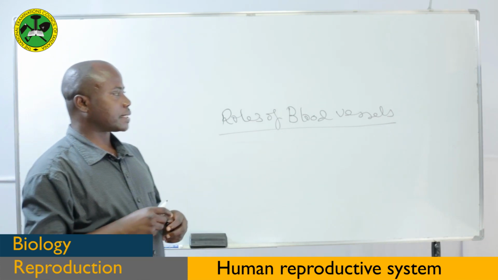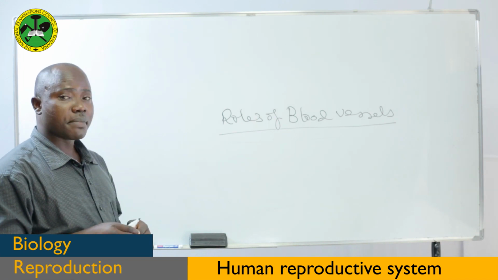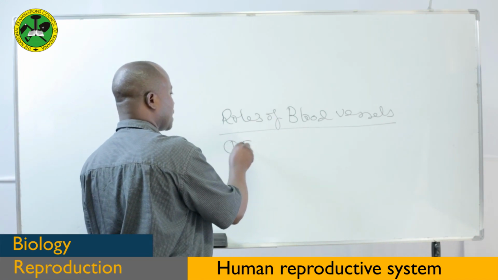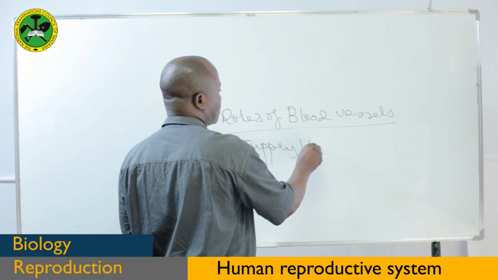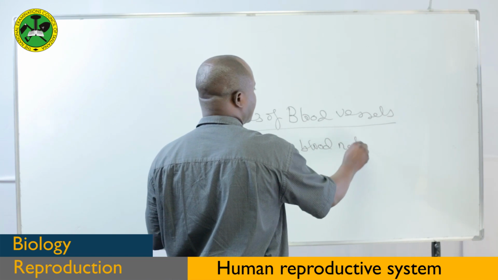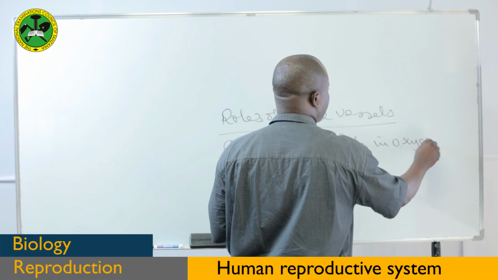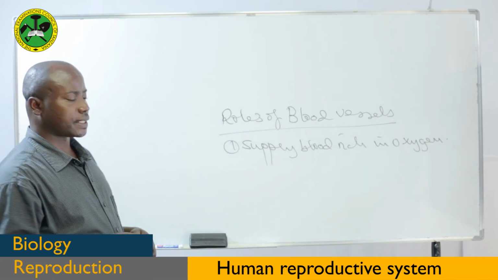The blood vessels present in the testes have 3 main functions. One is to supply blood rich in oxygen.